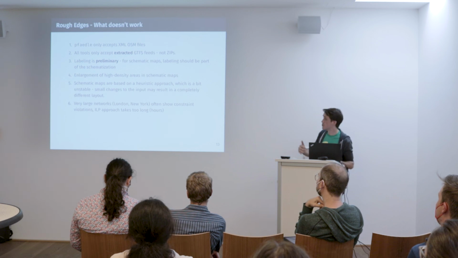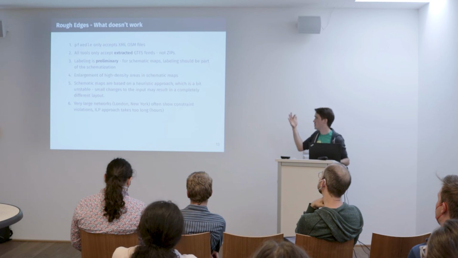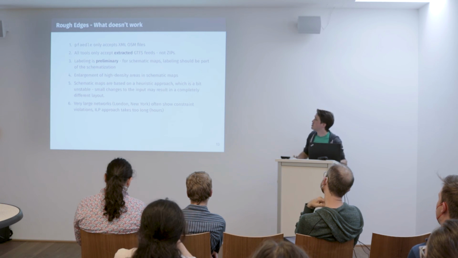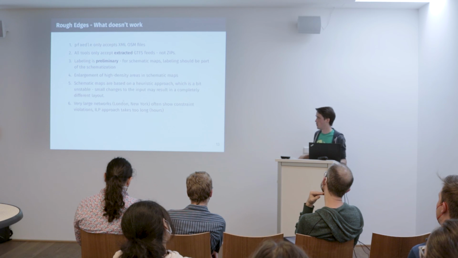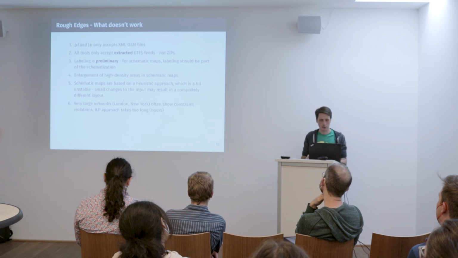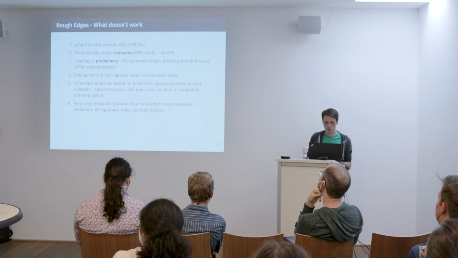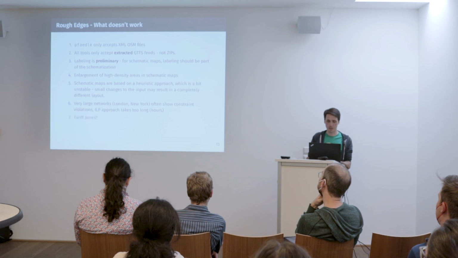And of course, extremely large networks. We have tried this for the London subway network and the New York subway network with the express lines. If you try to schematize these maps, they often show constraint violations because the heuristic approach simply cannot find a schematic version without any constraint violations. And of course, the ILP approach just takes too long. It usually takes hours or even days.